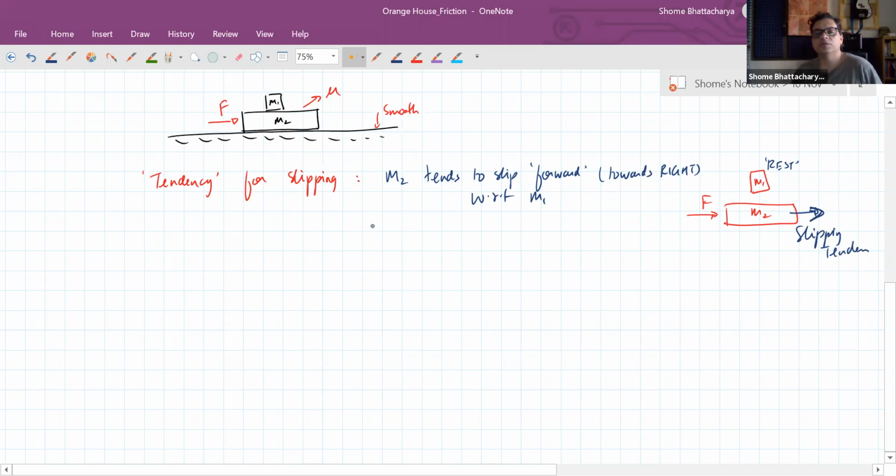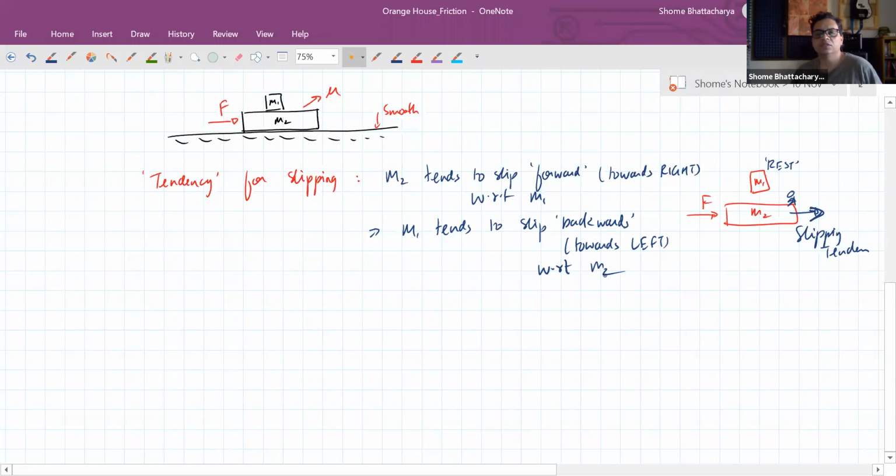So that automatically implies that M1 tends to slip backwards, that is towards left, with respect to M2. That is, if this block starts moving like this and you are in this one's frame, this block being at rest, to you it will look like it's slipping towards the left.